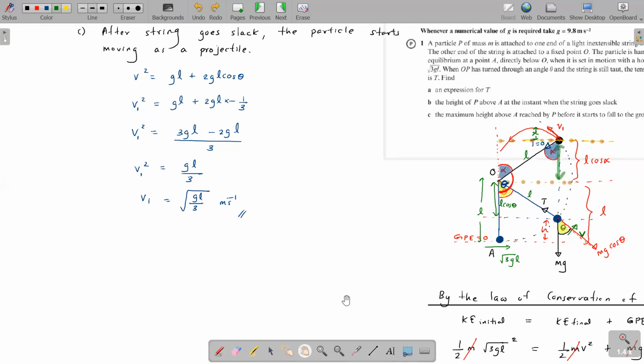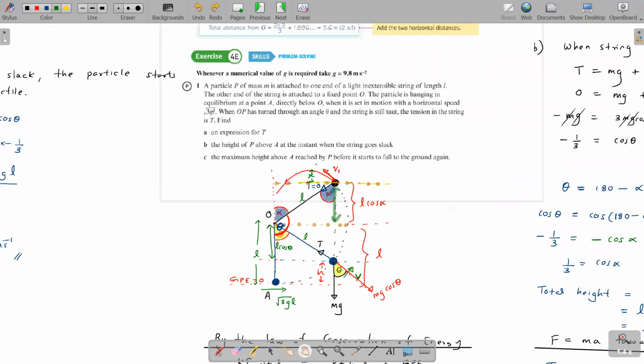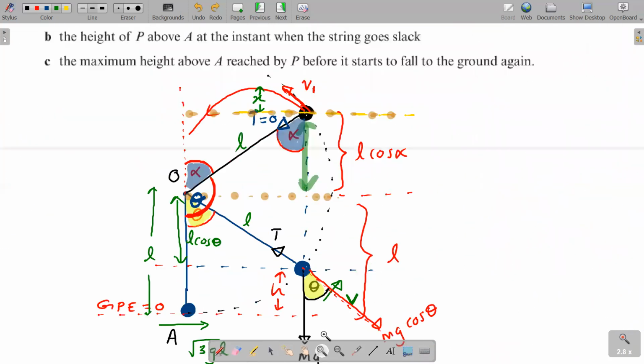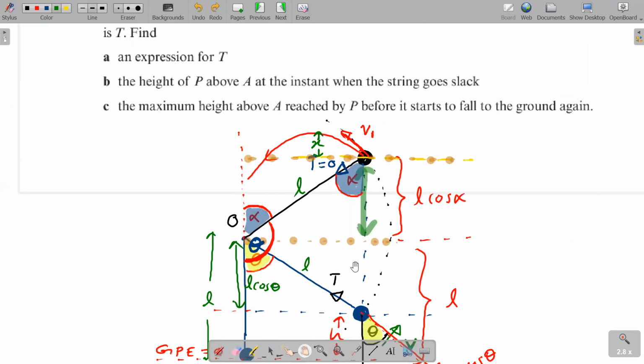So let's consider the projectile motion now. To get the maximum height, either you can apply conservation of energy, or you can apply the motion equations, V equals U plus AT, S equals UT plus half AT squared. First of all, let's make use of the angle here.